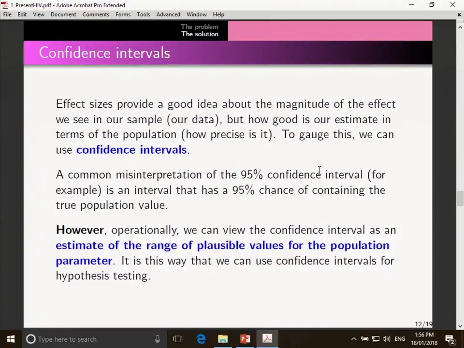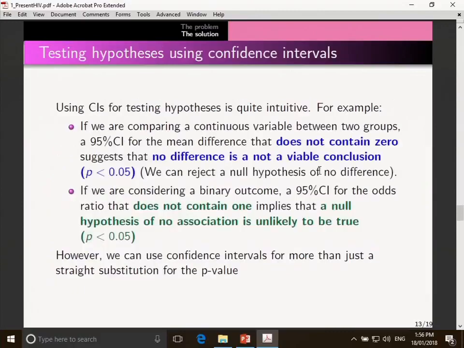And it's in this way that we can use confidence intervals for hypothesis testing. The advantage of this is it's intuitive and it is couched in terms of our research problem. P-values aren't. A p-value is a magic number that doesn't really tell us that much, except statistical significance.